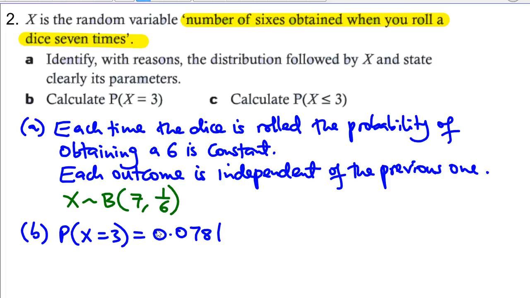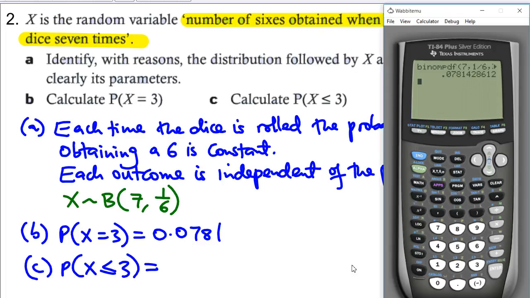And then the probability that x is less than or equal to 3. You can also find that by using your calculator. Because this is the cumulative distribution of those probabilities, you'll go under the same window, but scroll down to binomial cumulative distribution function.